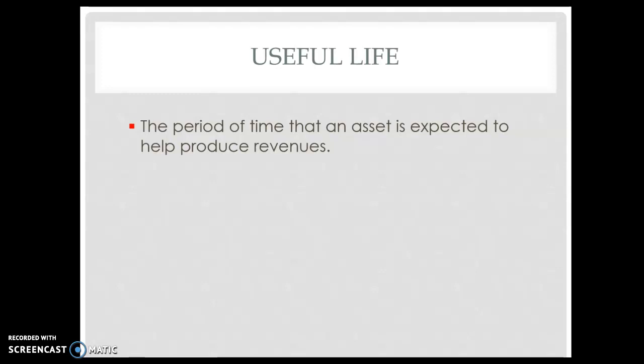Or it will produce 5,000 products, or it is expected, if it's a vehicle, to go 100,000 miles. Whatever it's expected to do, that is the useful life that management is going to try to estimate.